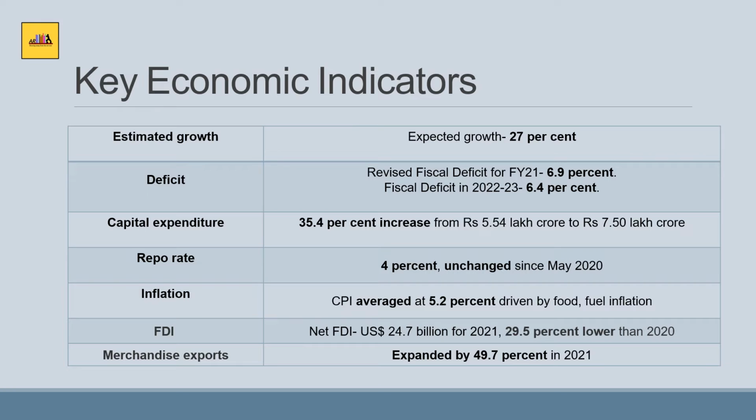It amounted to $24.7 billion. However, there is some good news too. The merchandise export witnessed an expansion of 49.7% in 2021. Now, these figures show a mixed picture for a pandemic hit economy like ours, but the chances of revival are high.